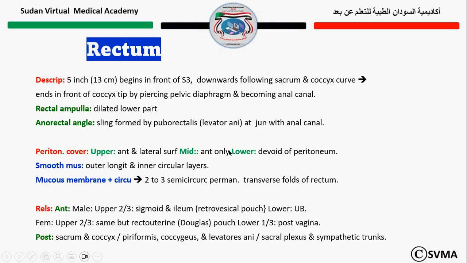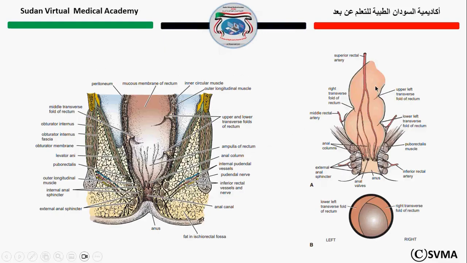The two on the left are called upper and lower. So we know about the peritoneal cover, and we know the smooth muscle of the rectum is divided into outer longitudinal and inner circular, and that the mucous membrane together with the inner circular layer forms the permanent folds of the rectum: two on the left, the upper left and lower left, and one on the right, called the right middle transverse fold.